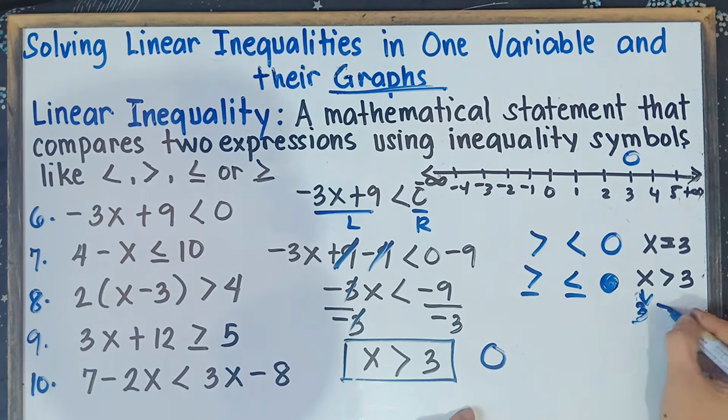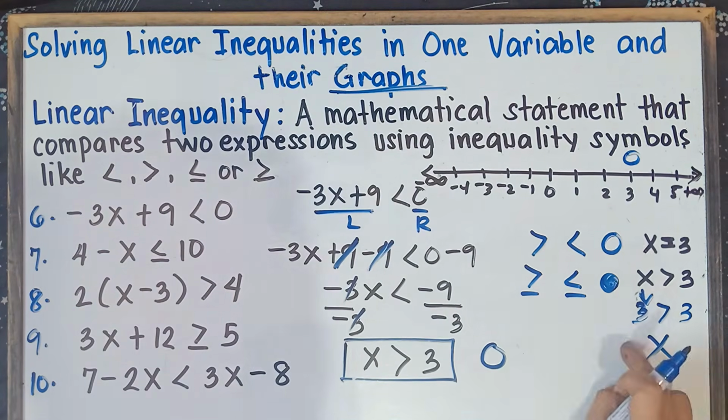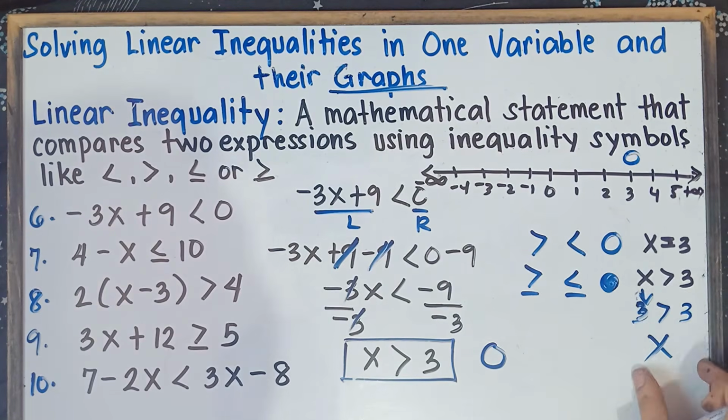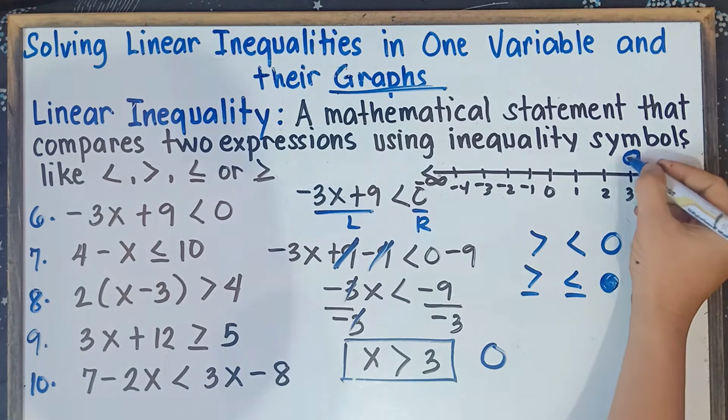Is 3 greater than 3? Nope, class. Of course, that's false. 3 is not greater than 3. It will not satisfy the inequality. That's why we use an open circle because 3 is not included.